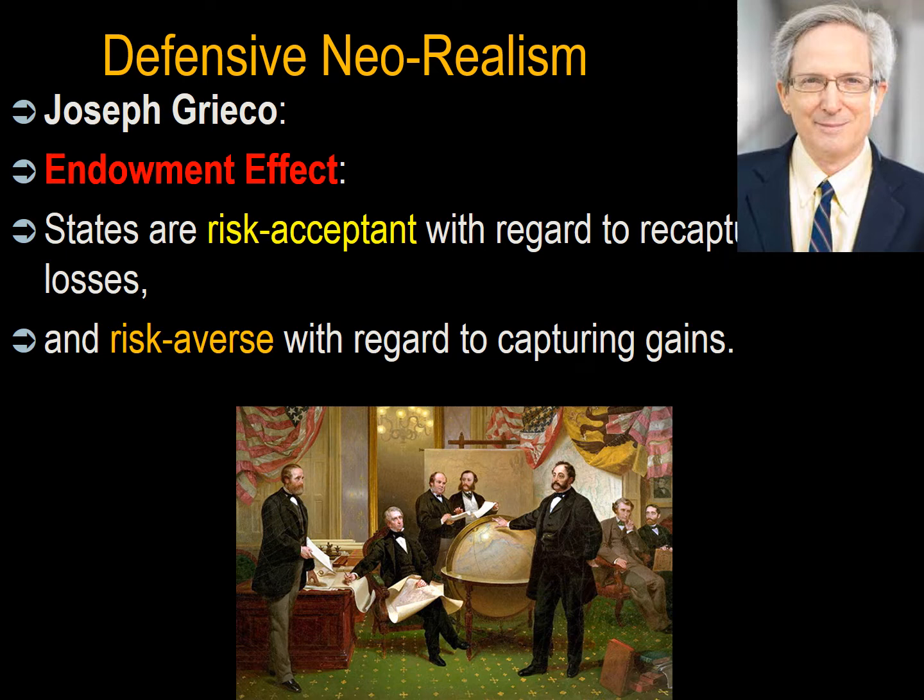But Russia, on the other hand, has forgotten the sale of Alaska to the United States. It's no longer a political event that those in Russia want to aggressively reverse. So Palestinians are risk acceptant because they believe they've lost land that was theirs, and Russia is risk averse with regard to Alaska because it's fallen out of their memory.